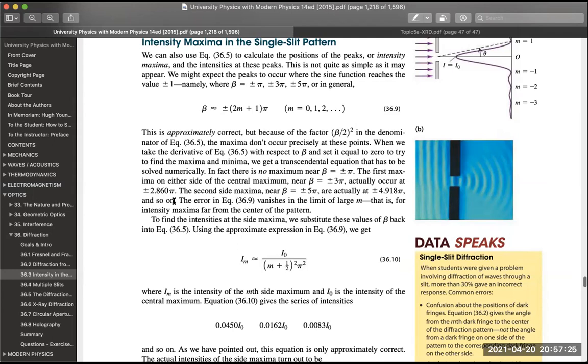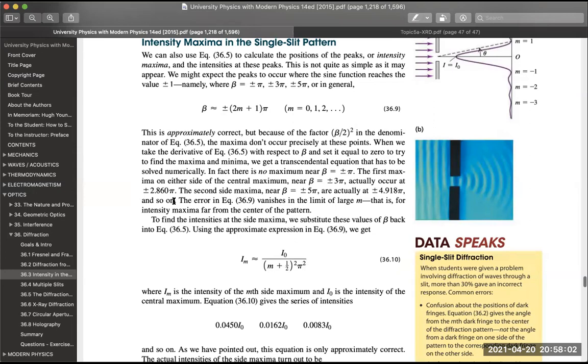So what? That's 5%. The second maximum, the one that we expect near 5 pi, occurs at 4.918 pi. Again, this is all based on numerical calculations. But that's much closer agreement, and the disagreement between our result and the actual pattern vanishes the further out we go.